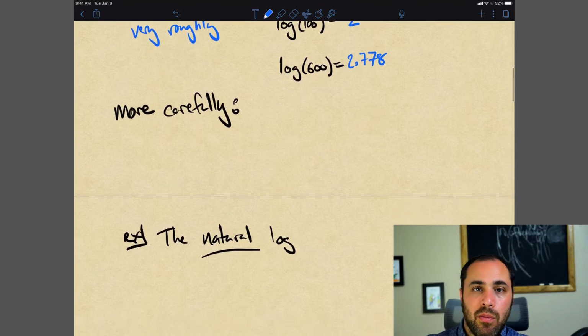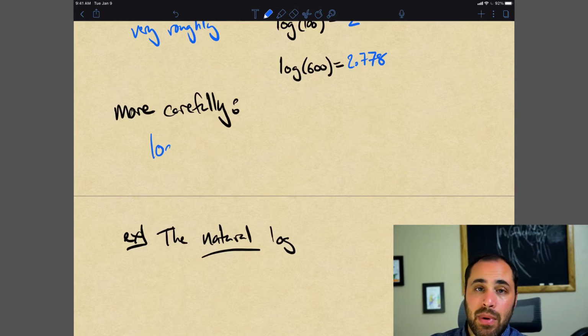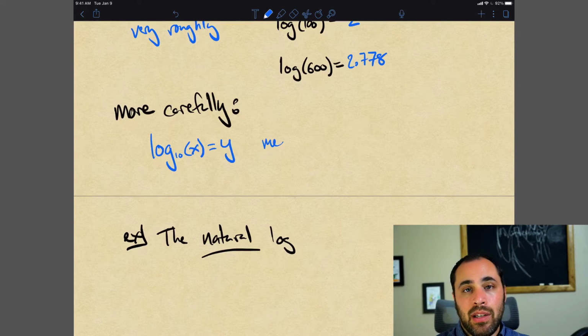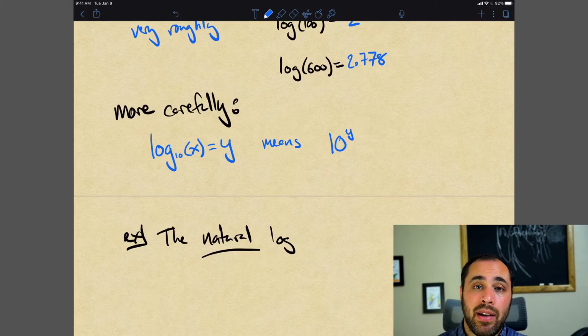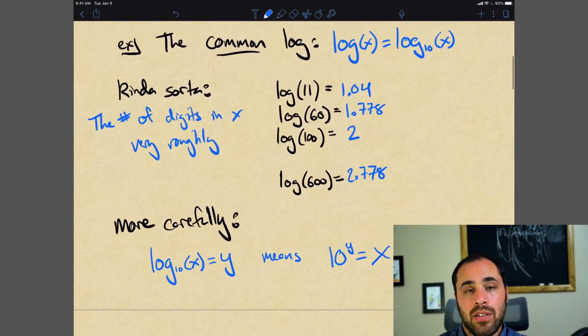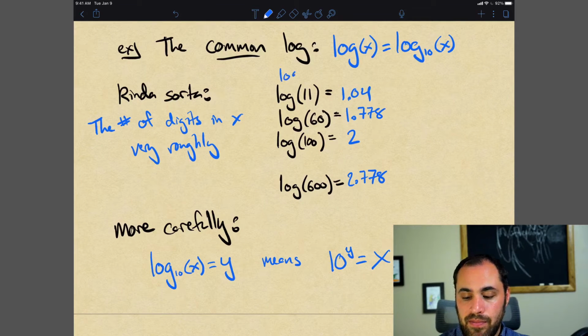So more correctly, we say that log base 10 of x is equal to y exactly when 10 to the power of y equals x. So to ask what's the log of x, we're asking 10 to what power equals x? Well, 10 to the 1 is equal to 10.